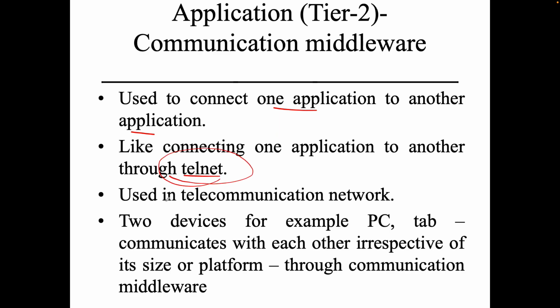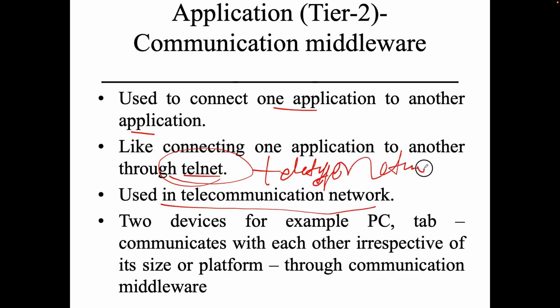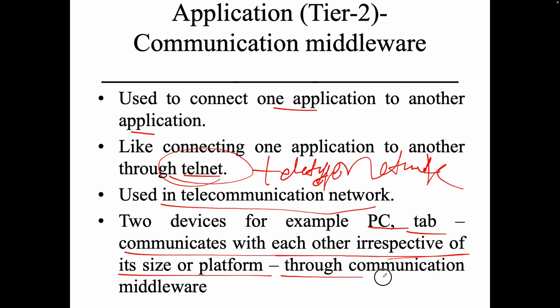Telnet was an example of how you can connect using a telecommunication network. Telnet's full form is teletype network. Two devices, for example a PC and a tablet, can communicate with each other irrespective of size or platform, using communication middleware.